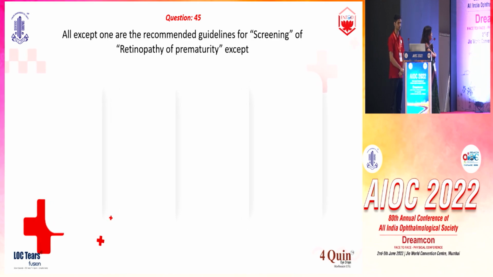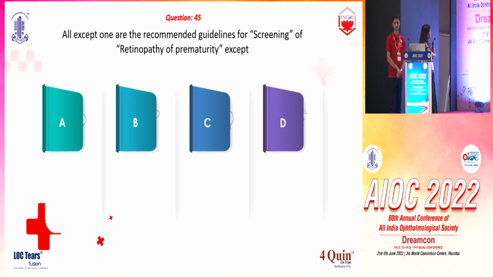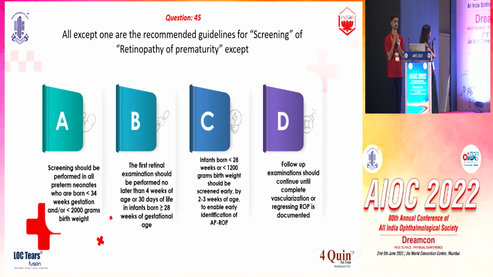All except one are the recommended guidelines for screening of ROP except. Screening should be performed in all preterm neonates who are born less than 34 weeks gestation and or less than 2,000 grams birth weight. The first treatment examination to be performed is no later than 4 weeks of age or 30 days of life in infants born more than or equal to 28 weeks of gestational age.